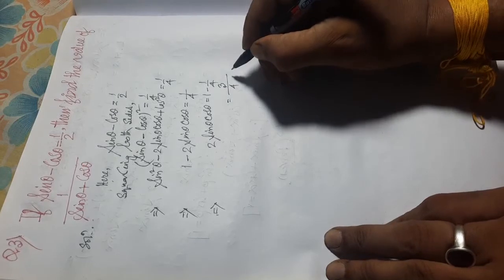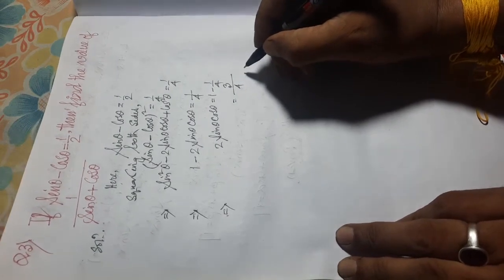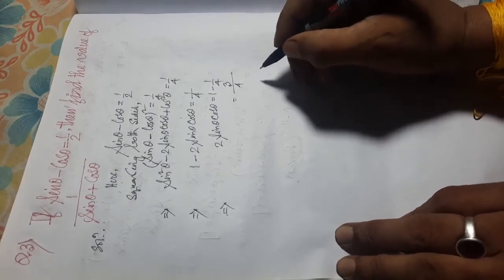Therefore, 2 sin theta cos theta is equal to 3 by 4.